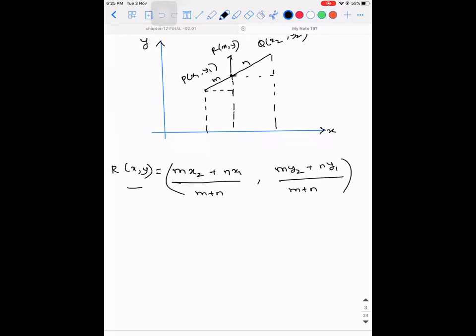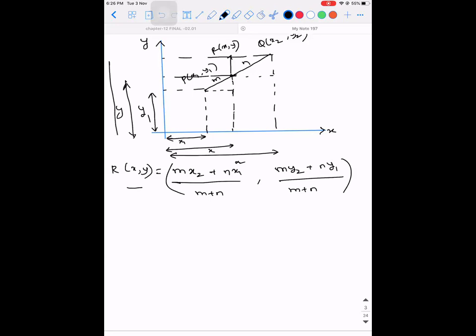This point R is taken as (x, y). Now concentrate, guys. When I drop a perpendicular, this distance is x1. This distance is x, and this distance is x2. Similarly, if I drop perpendiculars here, this is y1, this is y, and this is y2.